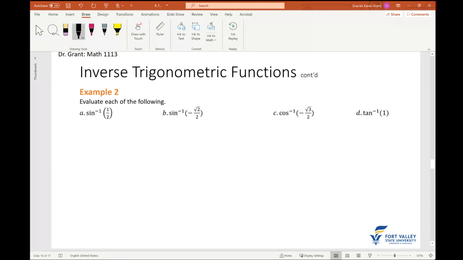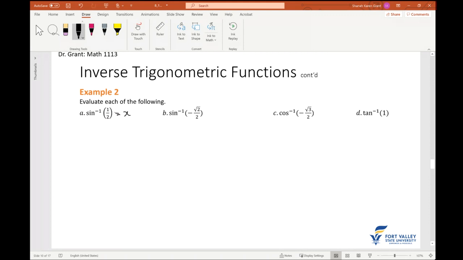Okay, now let's say we want to evaluate these different expressions. Here we have sine inverse of 1/2, and we want to figure out what that is going to be equal to. Firstly, we can say, let this be equal to x.